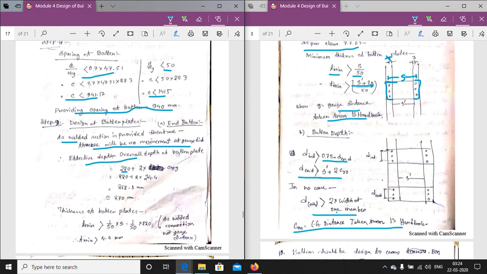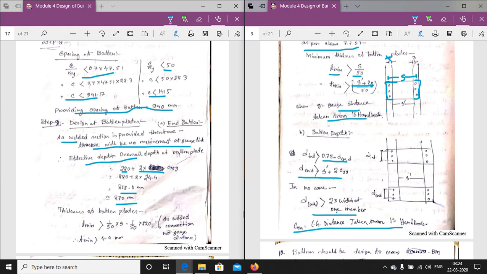So 220 plus 2 into CYY, that is 268.8, which is 270 mm. Why? Because in case of a welded batten connection there will be no bolt, so there will be no requirement of the gauge distance. So 220 plus 2 into CYY is equal to 270 mm.